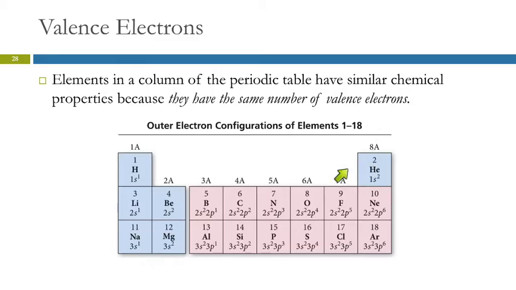So helium is acting like the baby brother and being out of place over here. These group numbers tell us the number of valence electrons, but does helium have 8 valence electrons? It's in group 8. No, it can't have 8 valence electrons. It only has 2 electrons. So he kind of breaks the rules.